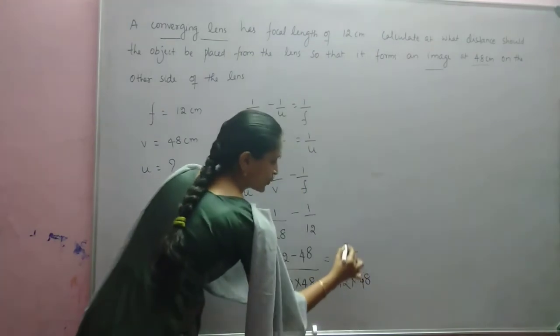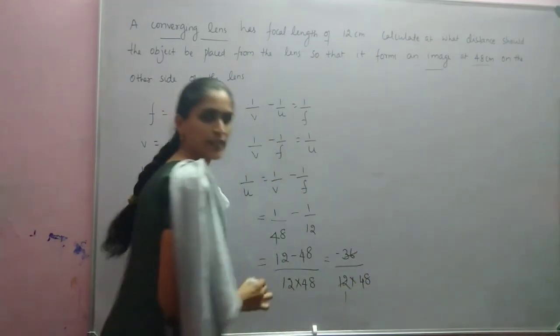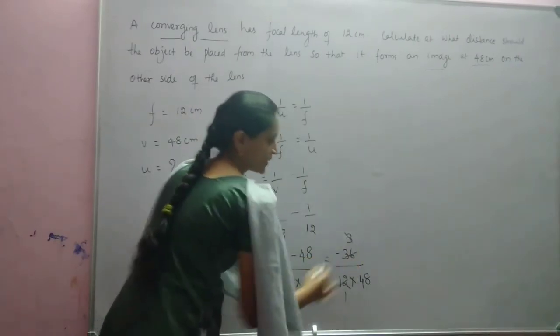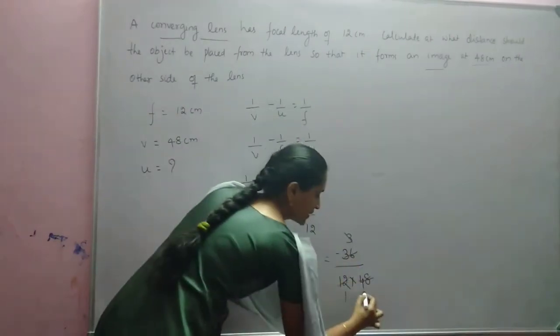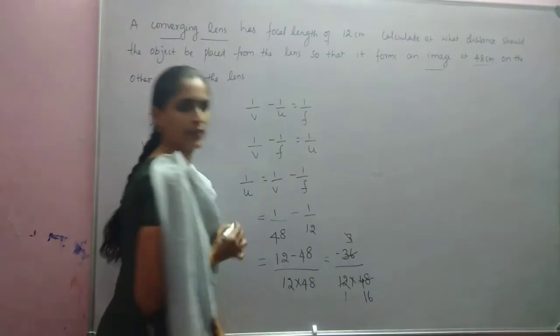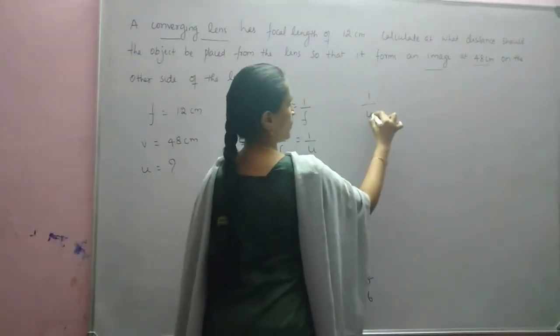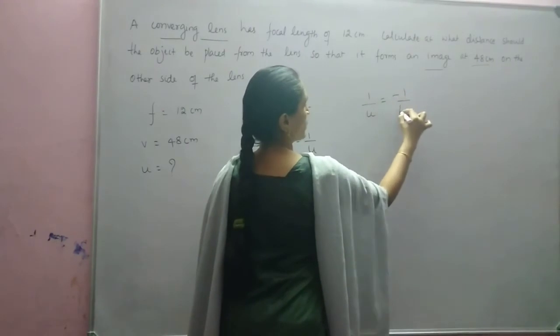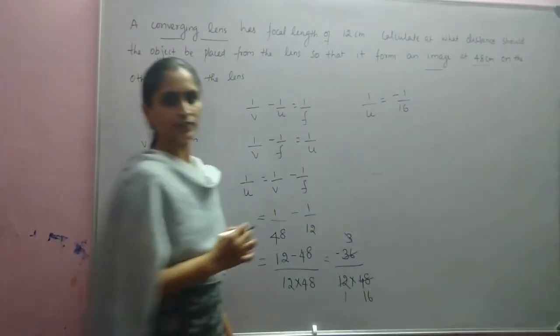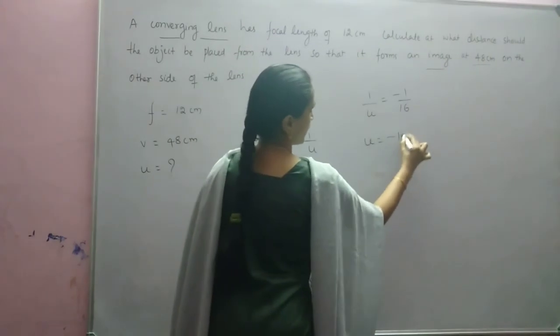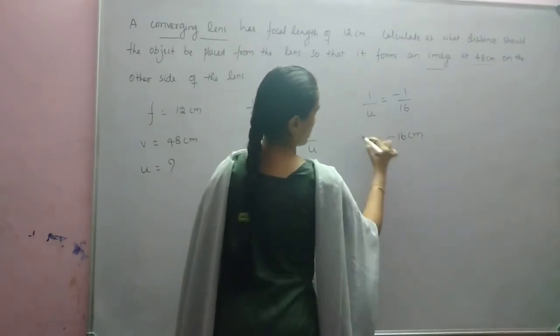So here if you simplify, 1 12s are 12, 3 12s are 36, 1 3s are 3, 16 3s are 48. So what you got? 1 by U is equal to minus 1 by 16. So what we can write? U is equal to minus 16 centimeters.